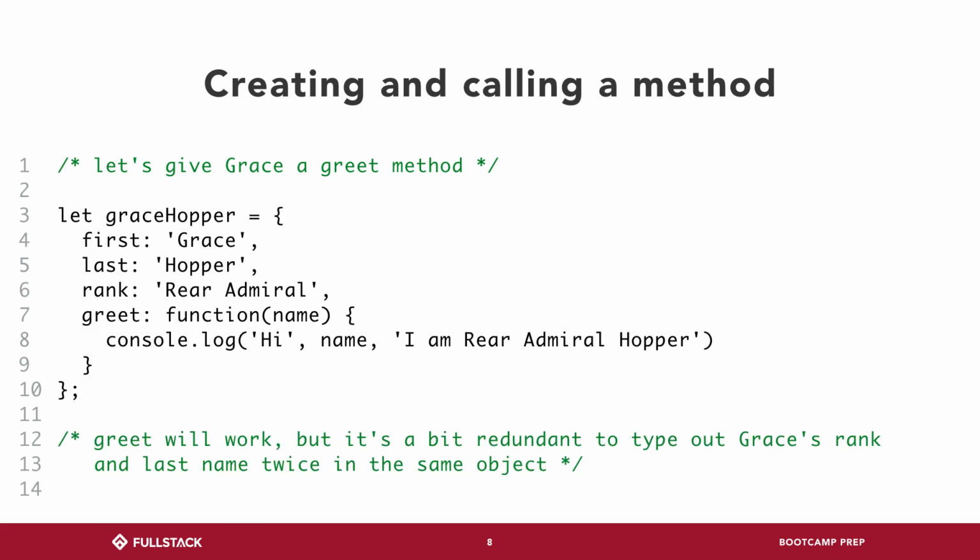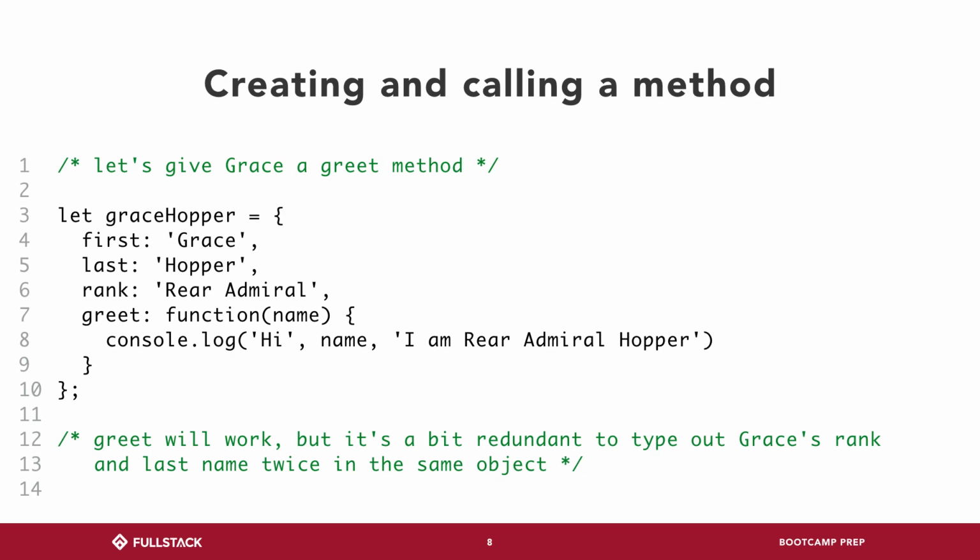So let's try to make it more useful again. Let's make a greet function that this time takes the name, and we'll have Grace Hopper greet that person. But what is duplicated in here? Yeah, rank and last name. So if somehow Grace Hopper is canonized and becomes a saint, and her rank is no longer Rear Admiral but is now a saint, and I change that on the next line, I say gracehopper.rank equals saint, this function will be outdated.